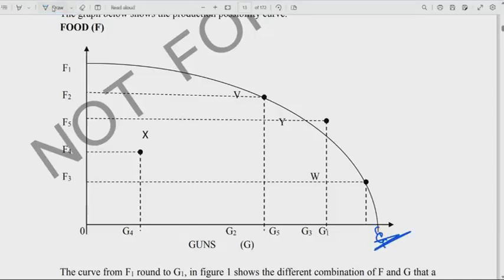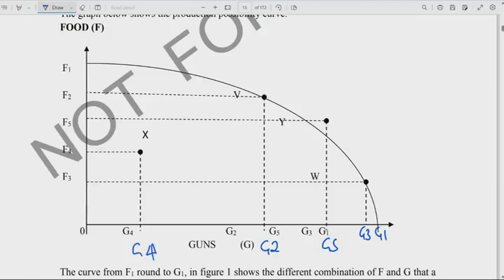So you have G1 here, then G3 here, then G5 here, then G2 here, then G4.